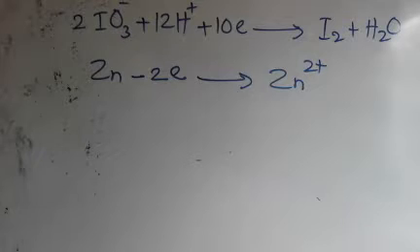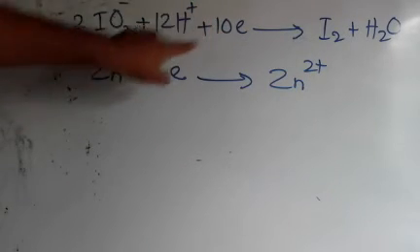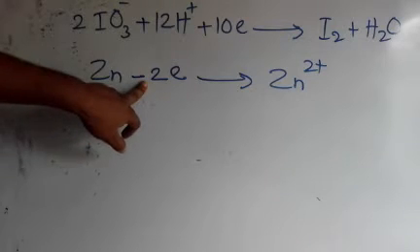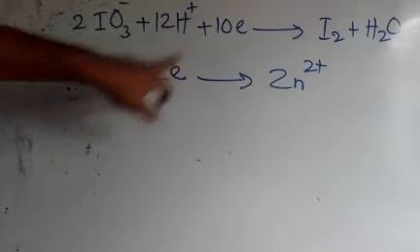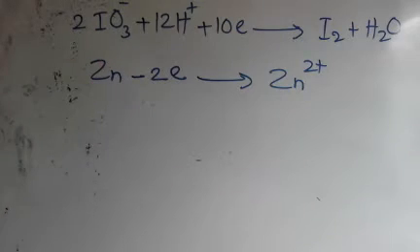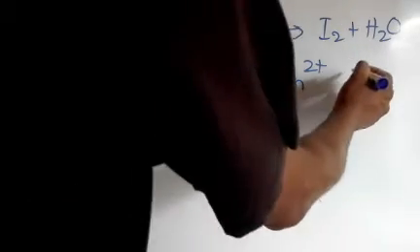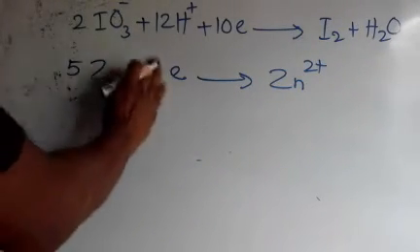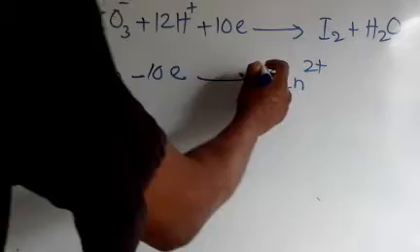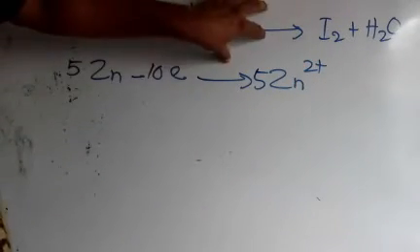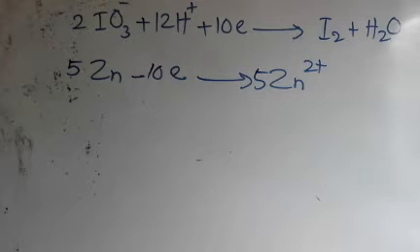Now we know how to balance this, to make these two electrons equal. So this is 10, this is 2, LCM, lowest common multiple is 10. So we just have to multiply the second equation by 5. Okay, so I can write 5 into 2, 10, here 5. And just add them together, then electrons will be cancelled.